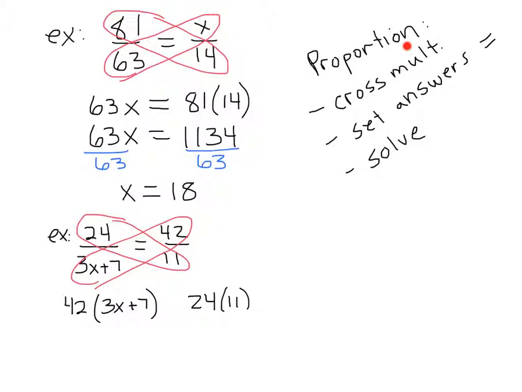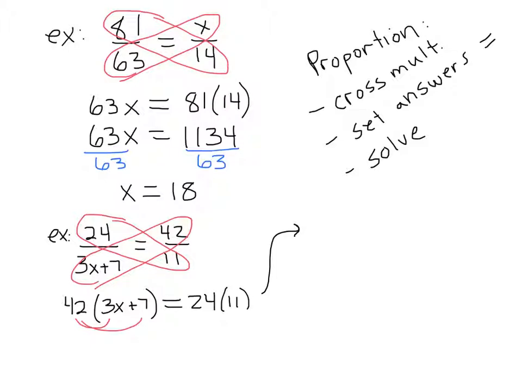I cross multiplied. Now I'm going to set my answers equal to each other, so I'm going to put an equal sign right in between. Now I just solve. Okay, I think I'm going to have to distribute.